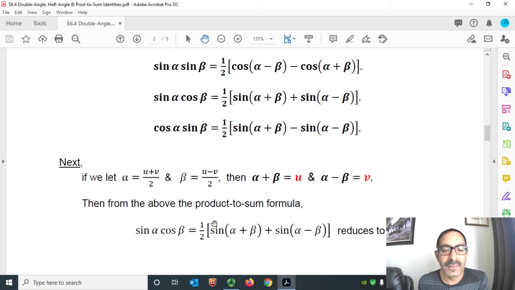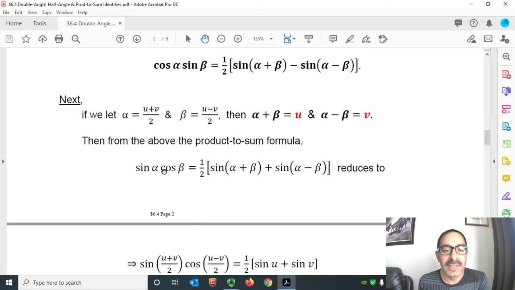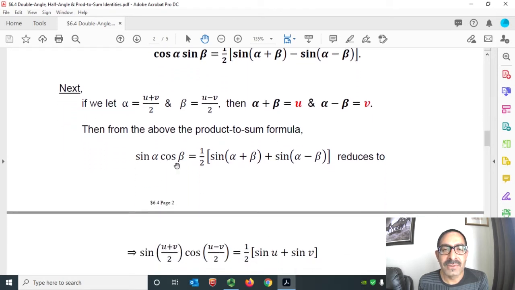So then from the above product to sum formulas, let me work on this formula here. I wrote down sine alpha cosine beta equals 1/2 times sine of alpha plus beta plus sine of alpha minus beta.